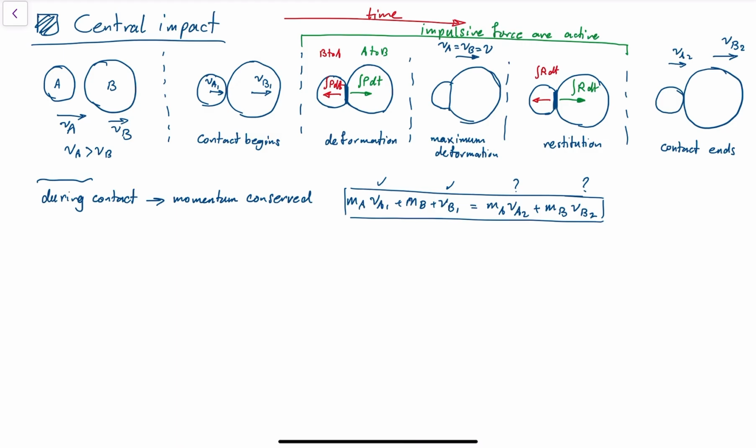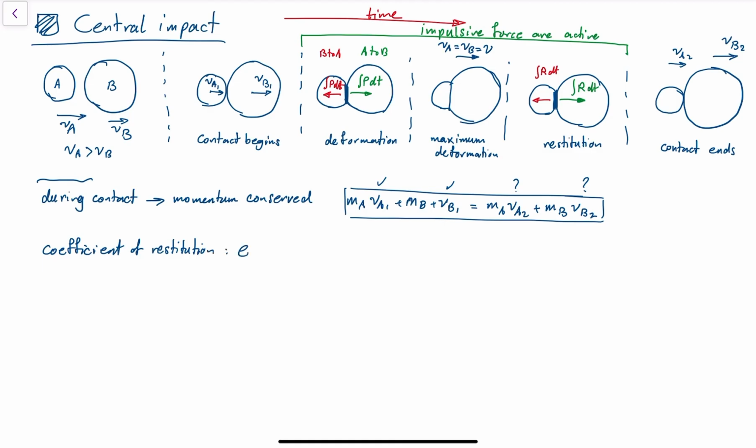We need another piece of information, and that information you have to gather experimentally. It is essentially related to how much energy you lose during contact. Let's define the coefficient of restitution.